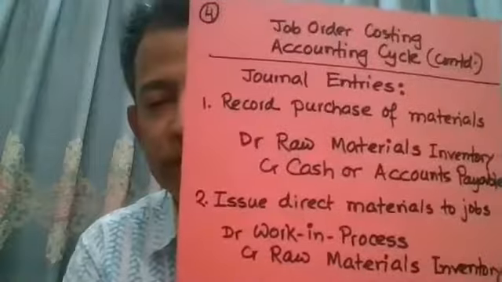The second transaction is issue direct materials to a particular job site. I call jobs projects. Let's say we are dealing with a construction company here who has 3 different construction projects going on. So we have site 1, site 2, and site 3, and we are sending materials, direct materials like bricks, cement, rods, all those construction materials to those job sites.